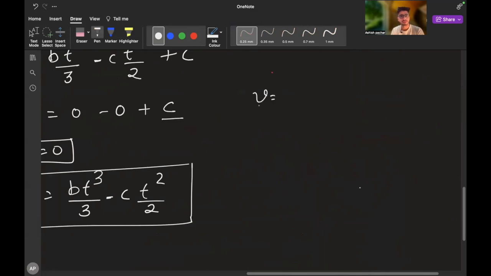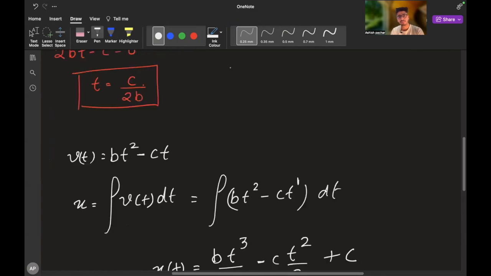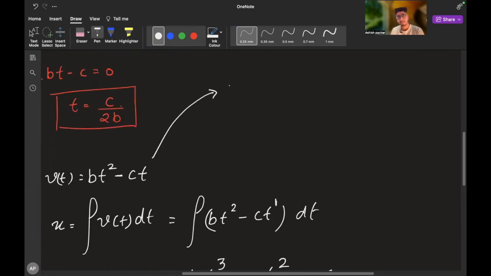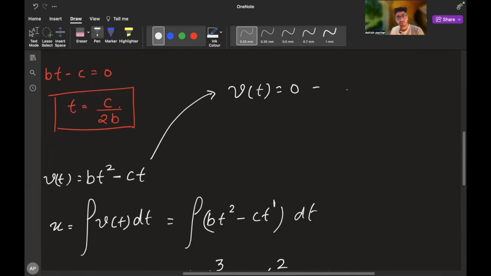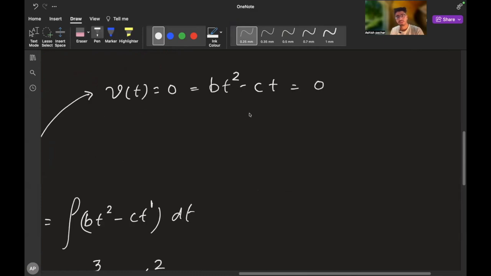We already have the velocity function. To find tr, where the velocity function is 0, because when the velocity is 0 it is the furthest negative displacement point, we set bt² − ct = 0, and from there you can find t; you can take t common.